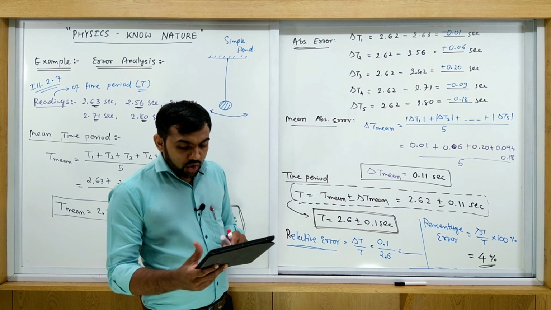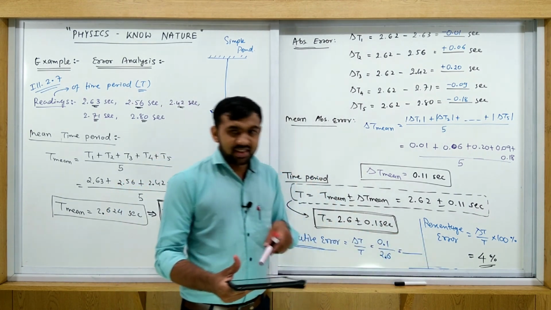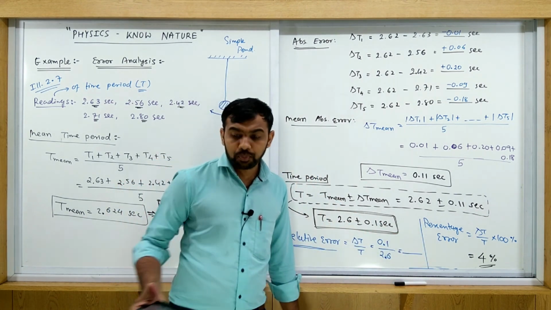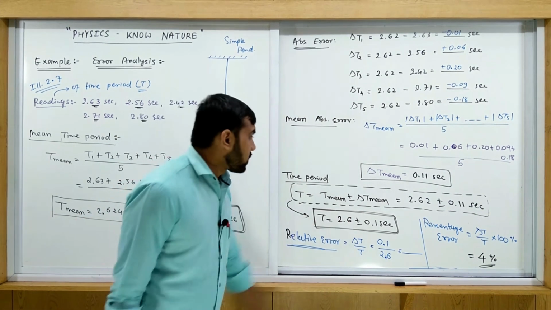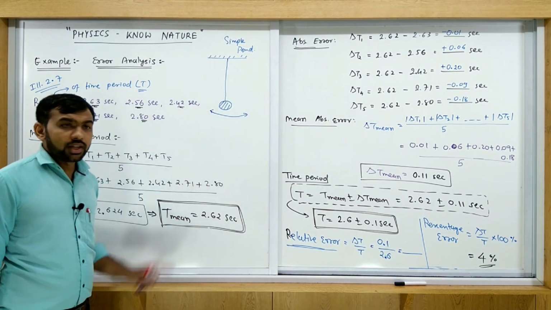After putting this value you get the answer 4%. It is given in a textbook. Okay, all of you must note this example in your books properly. Okay, note it.